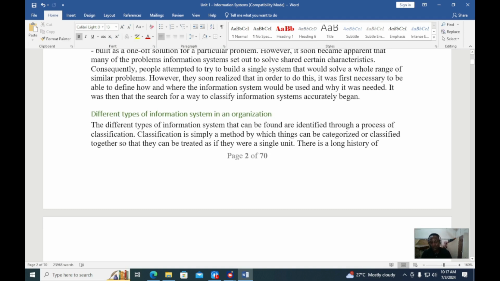We came to the different types of information systems that were identified through the classification process. And when we talk about classification, we're basically talking about the method through which we categorize things, or we put things that we think are related together so that we can treat them as a single unit.